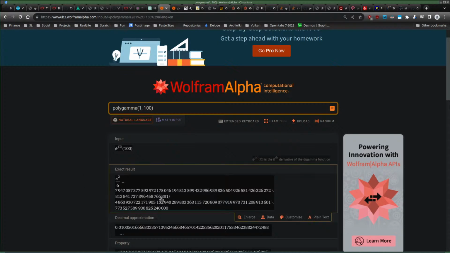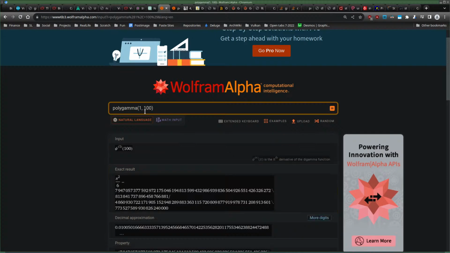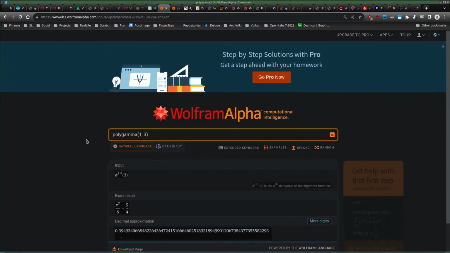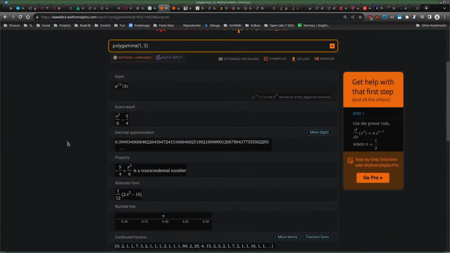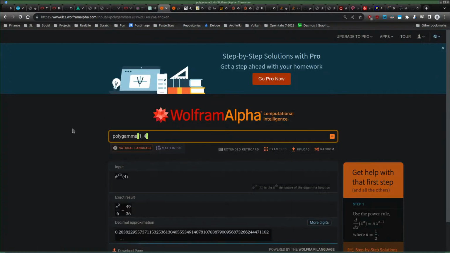So this rational here turned out to be the sum of squares. So if you do, say, 3, then it is 5 over 4, and then 4 is 49 over 36, I think.